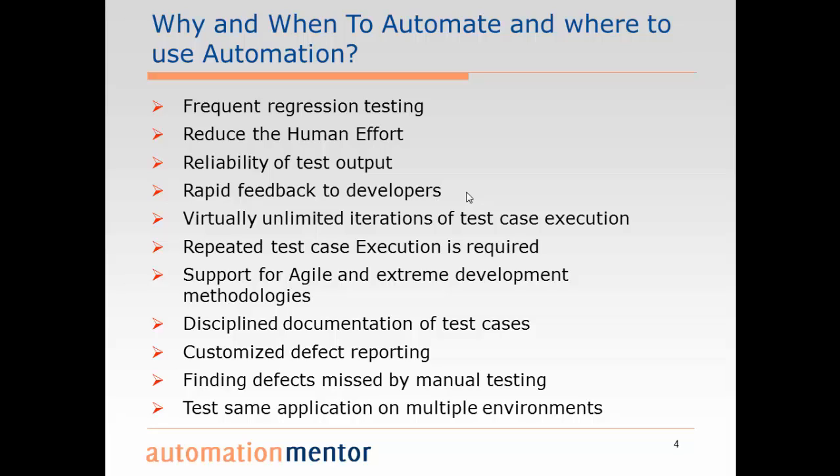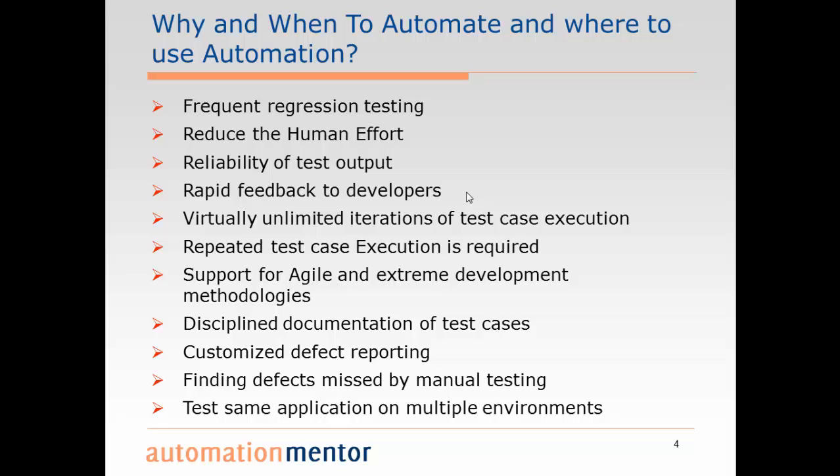So why is automation important, and when do we go for test automation? The primary advantage, or the primary goal, of test automation is to save time. If something takes 1,000 hours to execute manually, we automate it to reduce the time.